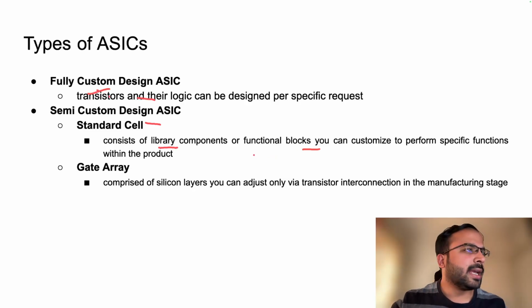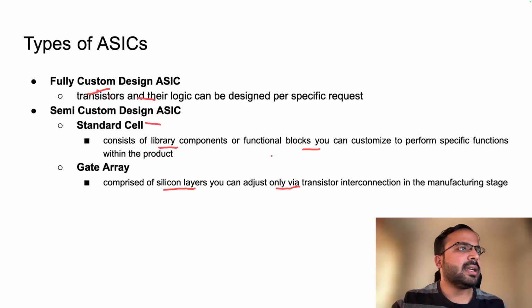And then you have a gate array. What will happen in a gate array? In a gate array you will have silicon layers, and you can adjust these silicon layers via certain transistor interconnections. So the layers will be fixed. You cannot modify the layers, but you can configure them in such a way that they perform certain required outputs, right?